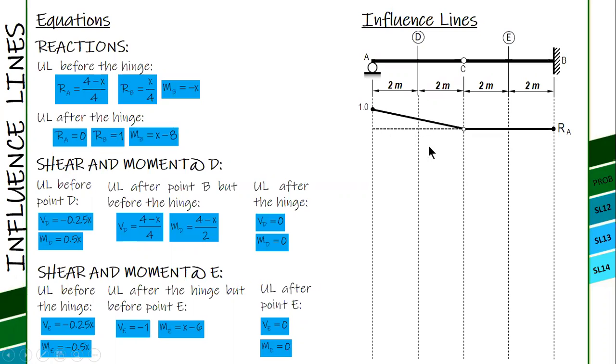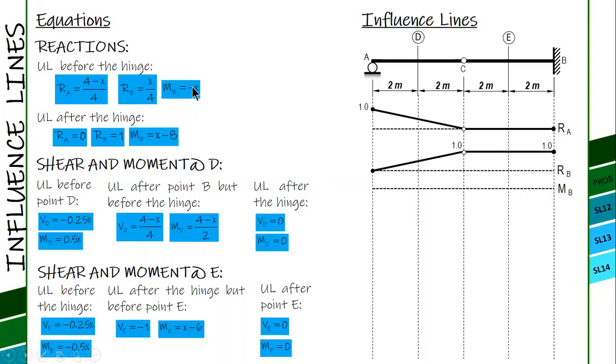And then for RB, when X is 0, it is 0. When X is 4, you have 1. And then there, it is also 1, a constant 1, 1, 1. So connect.